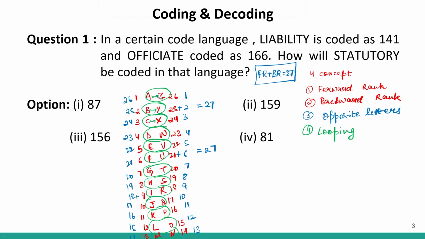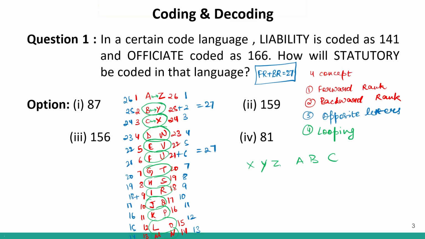Looping basically means that, for example, I am writing the alphabets like X, Y, Z, A, B, C. If I have to go one position forward from A, I can simply move forward to B, because there is an alphabet. But what if I have to move one position forward from Z?